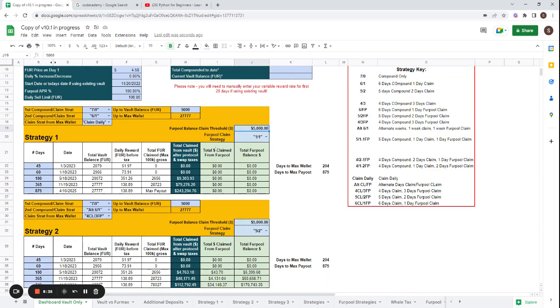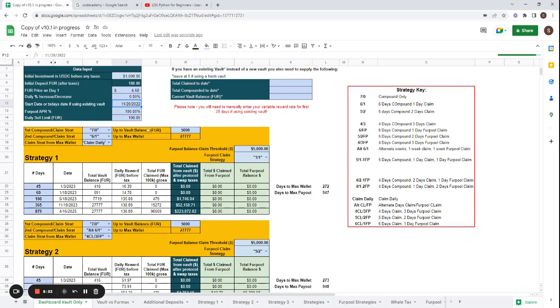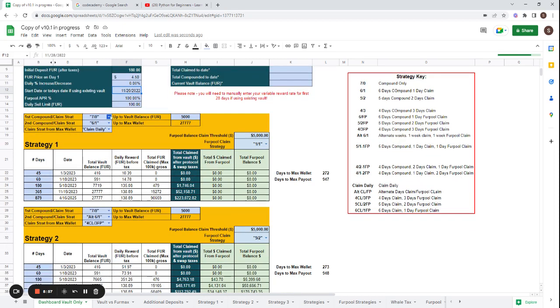So let's just compare 2 strategies here. In strategy number 1, let's say $1,000, that's a good amount, is going to be our initial investment. We're starting that on today's date. Furpool APR, we're going to say 100, and we've got the daily sell limit of 100 fur. We're going to compound daily up until 5,000 fur.